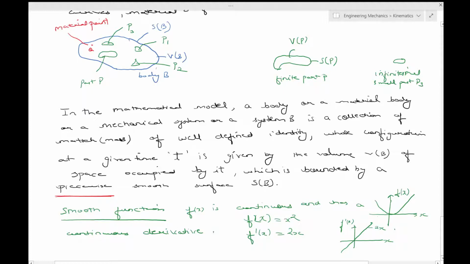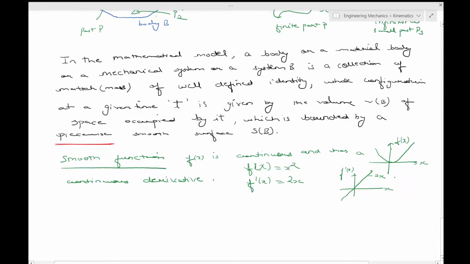And by continuity, it's the very same definition which all of you are aware of, that the left hand limit is the same as the right hand limit at any point. So if x equal to 0 is the point where you want to check the continuity, the left hand limit of the function and the right hand limit of the function is the same. Similarly, the left hand limit of the derivative and the right hand limit of the derivative at x equal to 0 is also the same. So this is a smooth function.